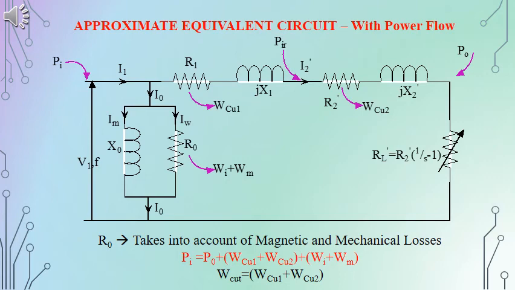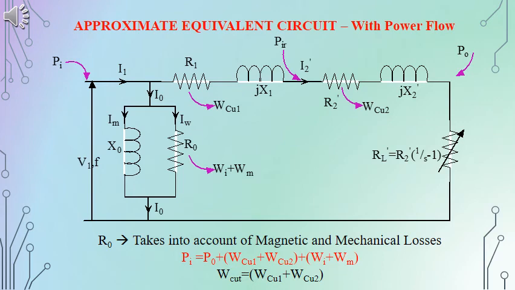Corresponding to R0, we have the iron losses as well as the mechanical losses, which we can obtain from the no-load test on the machine. Corresponding to R1, that is the stator resistance, we have WCU1, that is the copper loss on the stator.